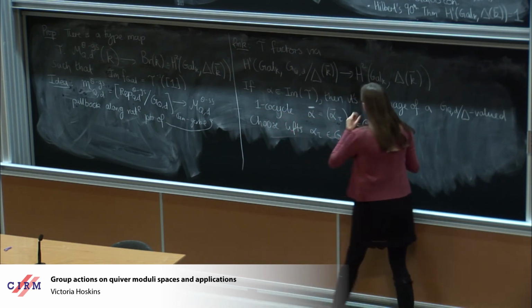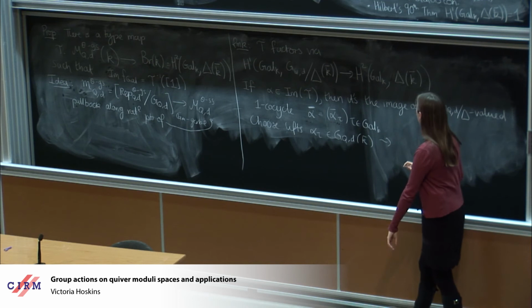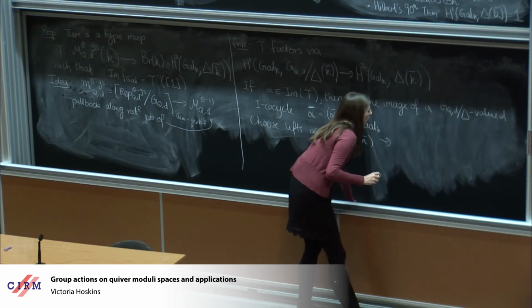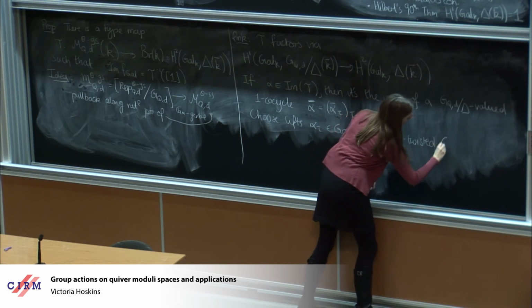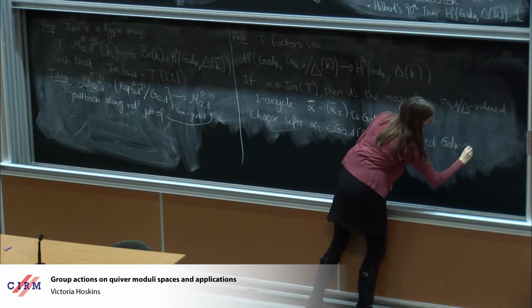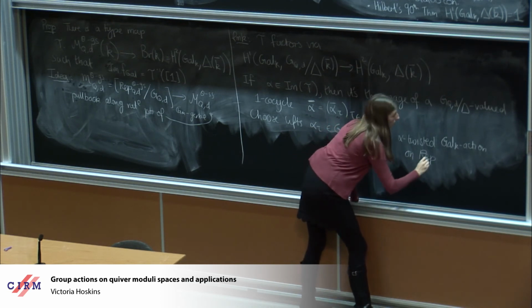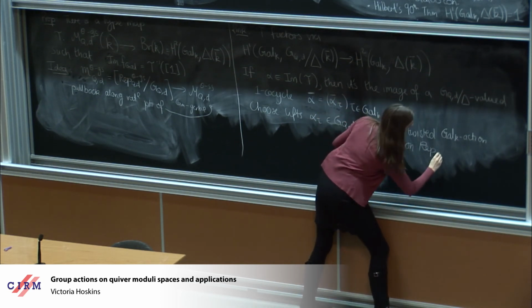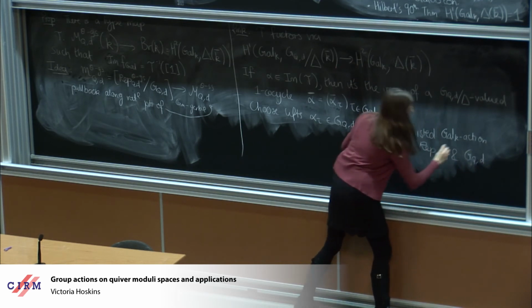So if you choose a lift, then this defines a twisted Galois action, an alpha twisted action, on the affine space Rep and on the group GQD.